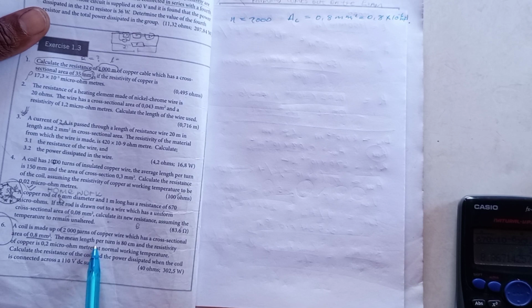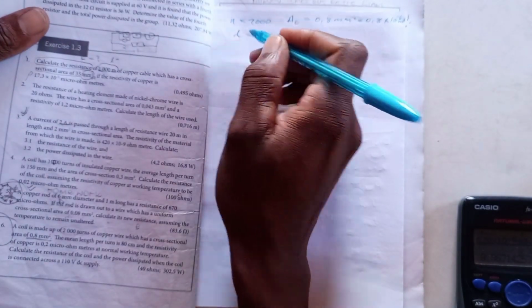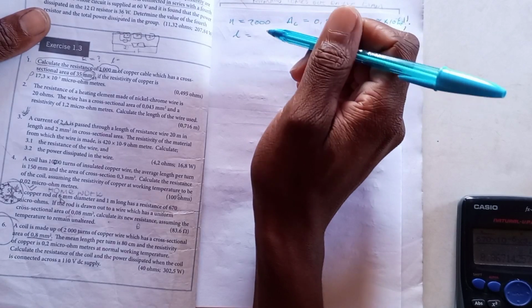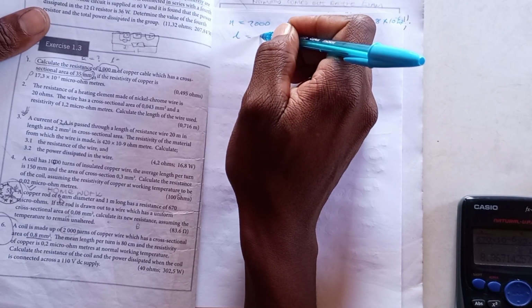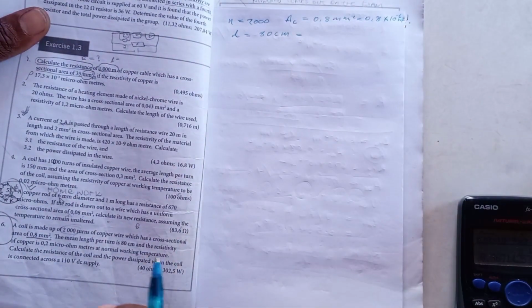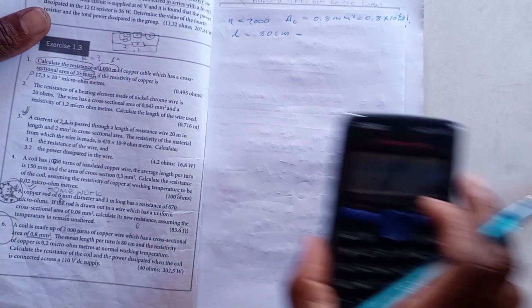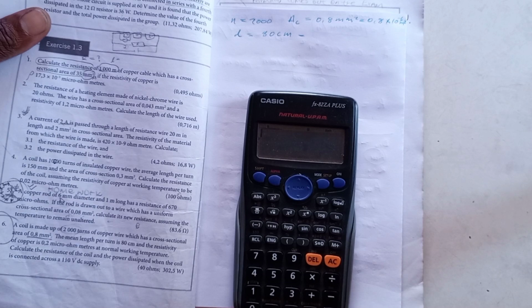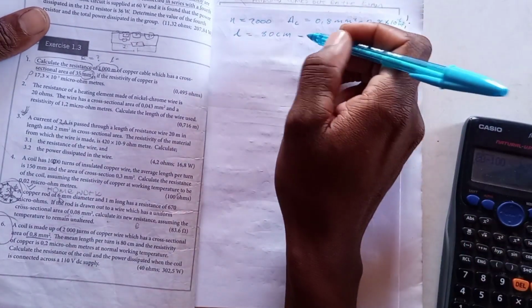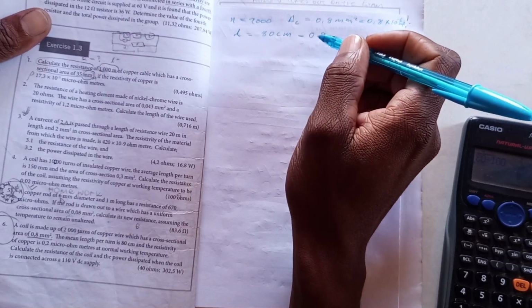The mean length per turn, we are given in centimeters now, not in millimeters. It's 80 centimeters. So we need to convert centimeters to meters. We just divide by 100, not 1000, because this is not millimeters. So 80 divided by 100 is equal to 0.8.